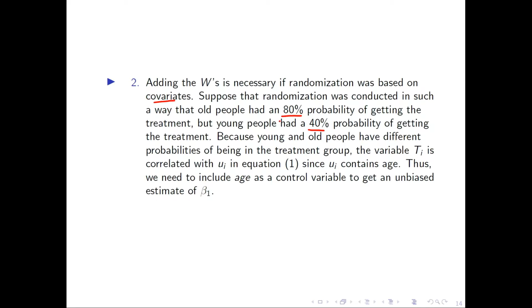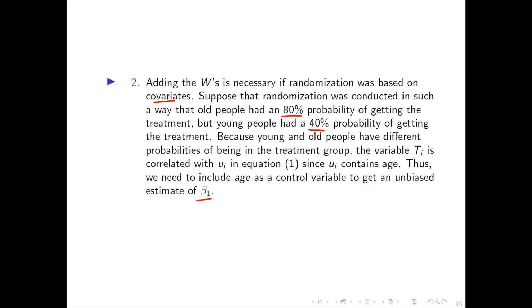So the treatment variable is correlated with the age variable, and if we do not include the age variable in our regression, then our estimate of beta 1, the causal effect, would be correlated with the error term.